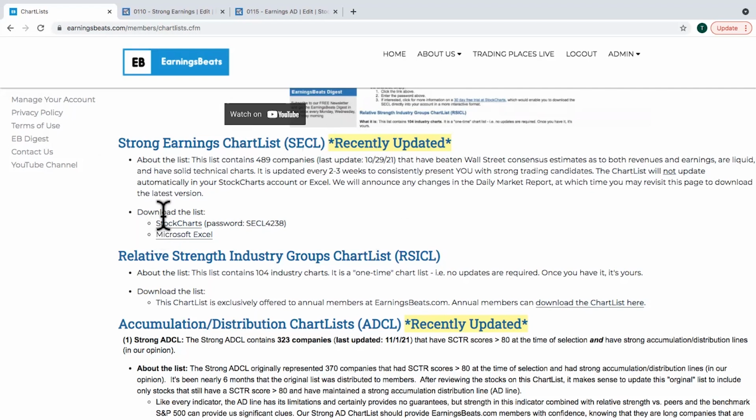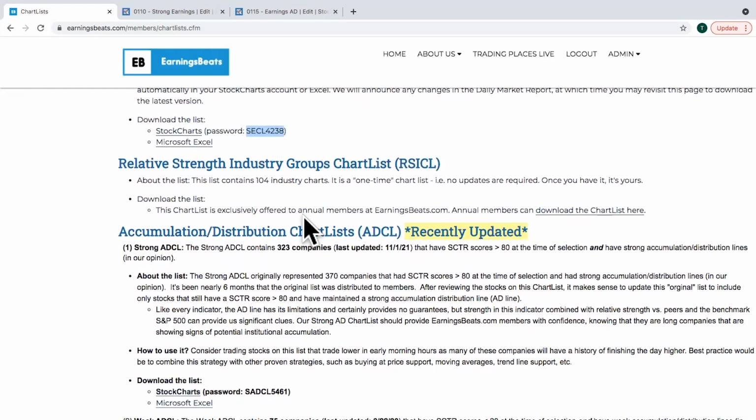That's right here. Very simple. If you're a StockCharts member, in addition to being an EarningsBeats member, you can simply copy the password, click on the link that we provide, and then paste that password and download the entire chart list right into your account. So 489 companies where I do all the earnings research for, you can literally download into your account in just a few seconds.